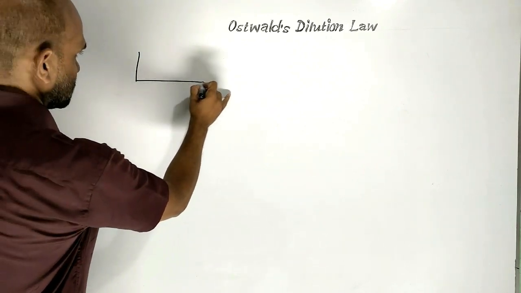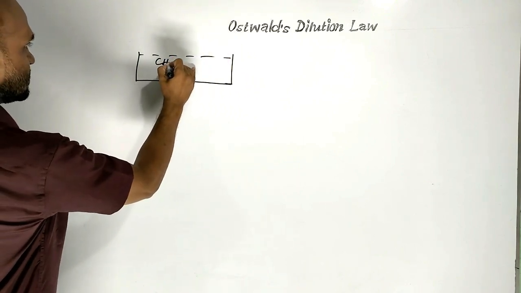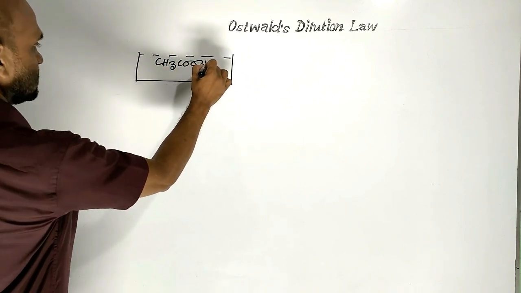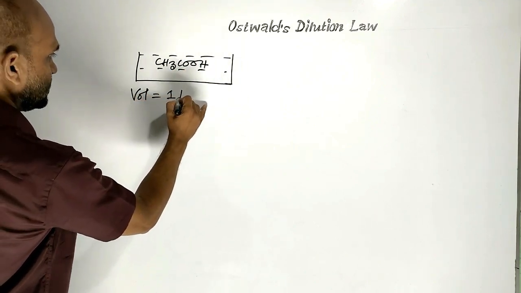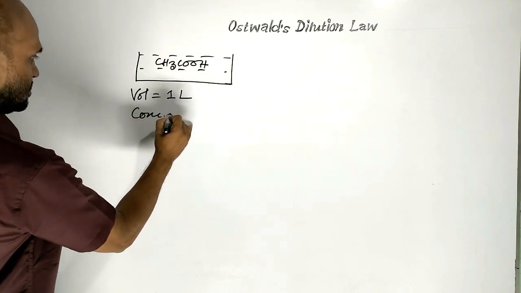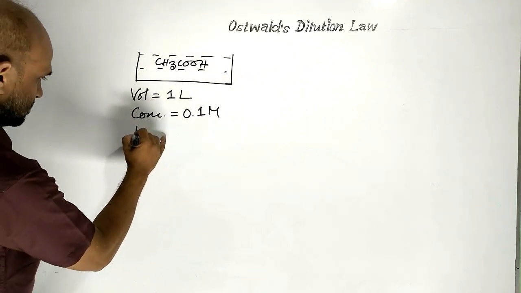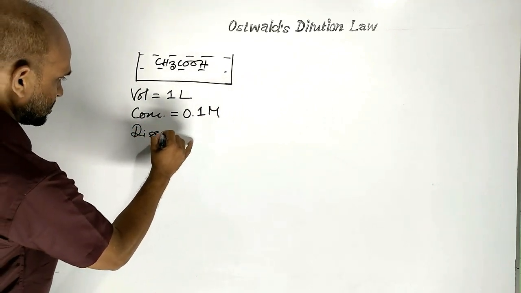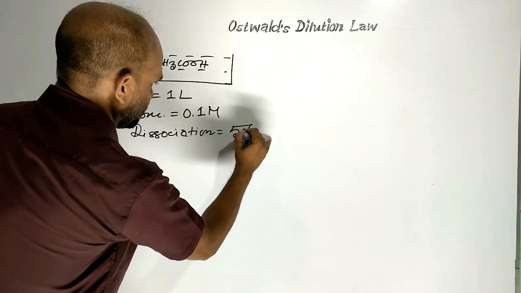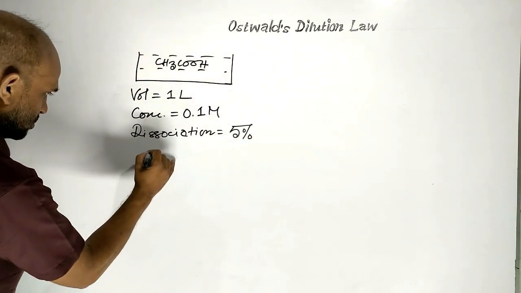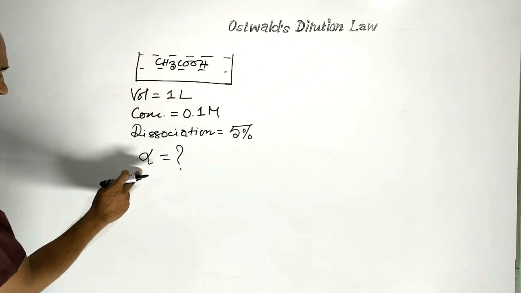Let us suppose here a solution of a weak acid, acetic acid, volume 1 liter, concentration 0.1 molar. Then the dissociation is 5%. Then what is the degree of dissociation or degree of ionization?